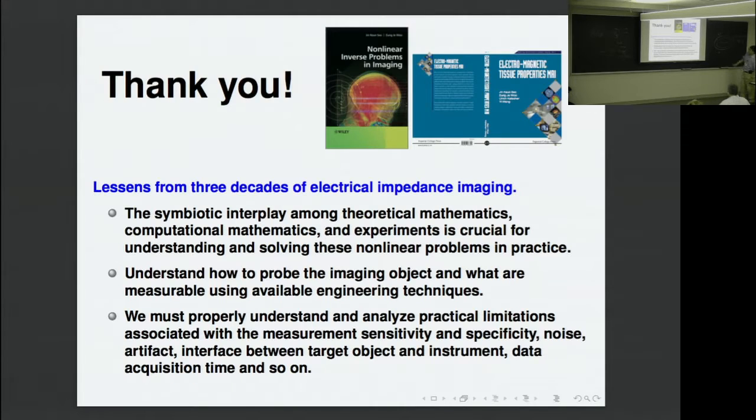After that I wrote 2 books, on nonlinear inverse problems in imaging, and on electromagnetic tissue properties, MRI as well, because I learned many things from this. The lesson from 3 decades of electroimpedance imaging: the symbiotic interplay among theoretical mathematics, computational mathematics, and experiment is crucial for understanding and solving its nonlinear problem in practice.